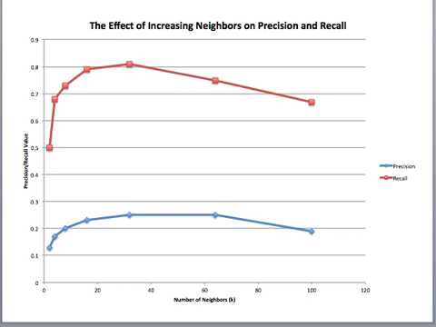This makes sense because if you're starting out at the very left side and you have very few neighbors, you're really only checking with one or two other examples, and that's not really a good way to classify anything because you don't have enough information about the situation to classify. Then on the other end of the spectrum, if you're looking at almost all of the samples that we used, you're pretty much just taking a majority vote of the samples, which again isn't really specific to the microRNA that you're looking at, so that's a problem.